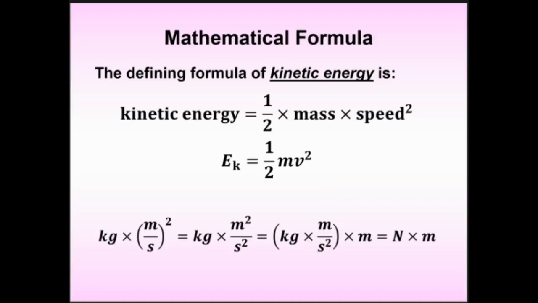But in general, at any moment of an object's motion, how much kinetic energy it could transfer to something when it hits it is only dependent on how much mass it has and how fast it's going. That's it. Okay? Now, what is the equation? The equation is super important because it has a power of 2, just on top of speed.